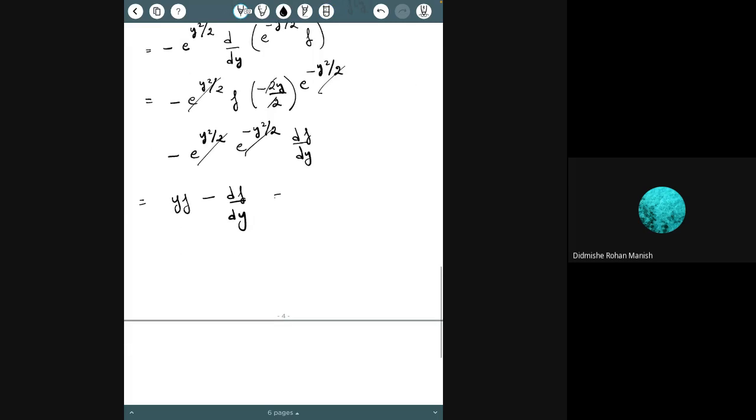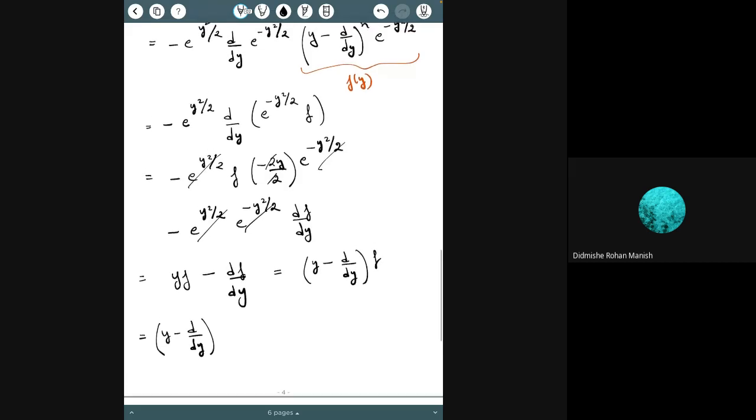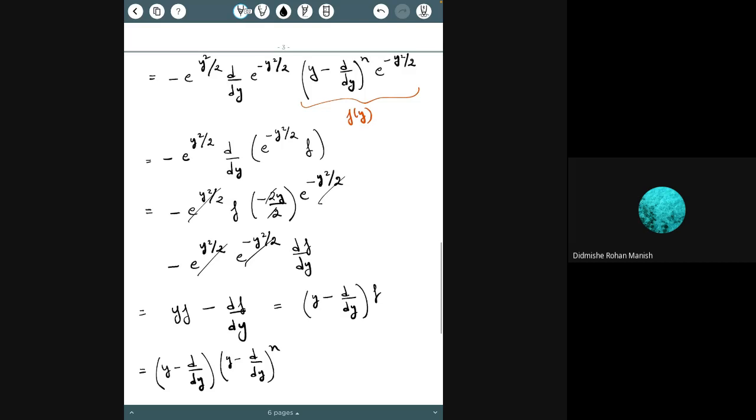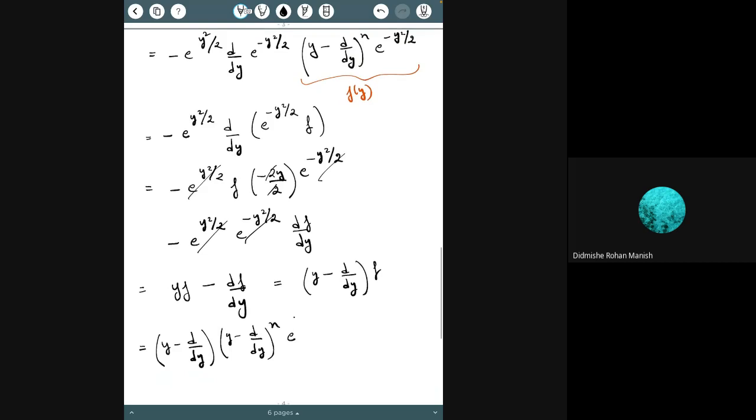So that is equal to y minus d/dy acting on f. Acceptable. So then we have y minus d/dy, and f is y minus d/dy to the power n e to the power minus y squared by 2.